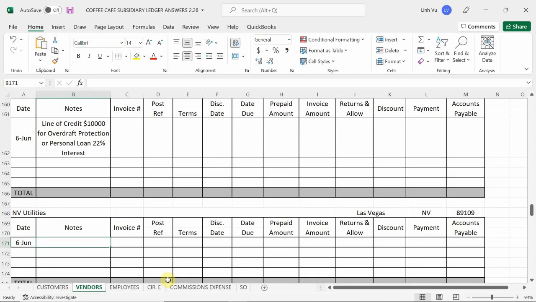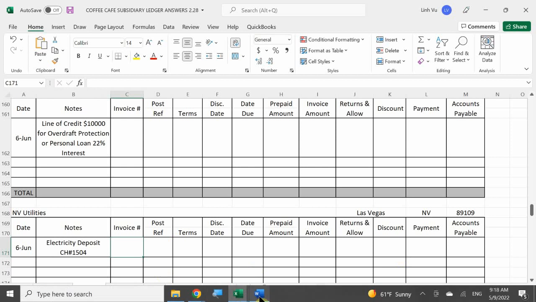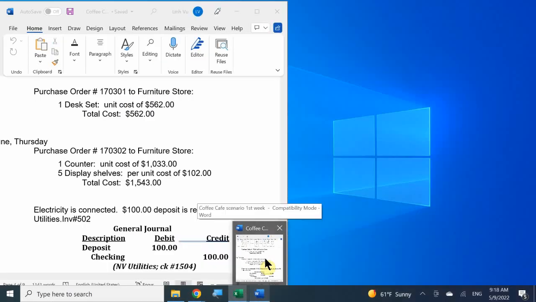You could say you had an electricity deposit, and that you paid using check number 1504. Invoice number. What was my billing statement number? Let's see.